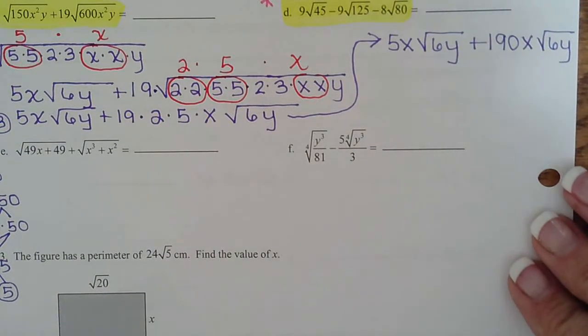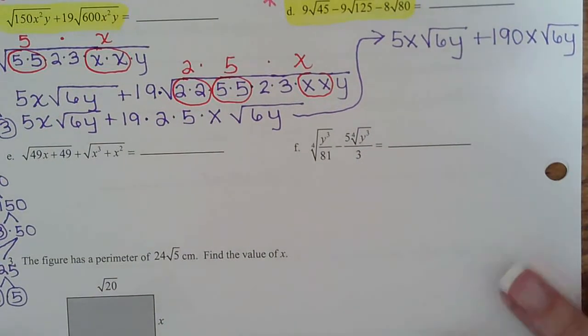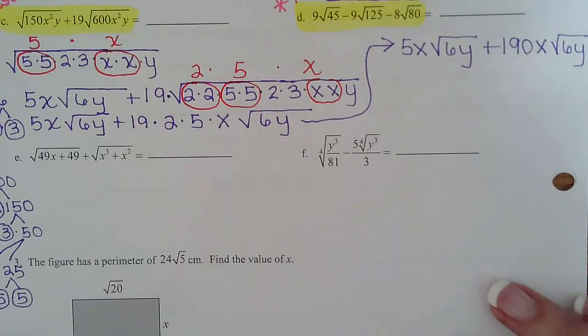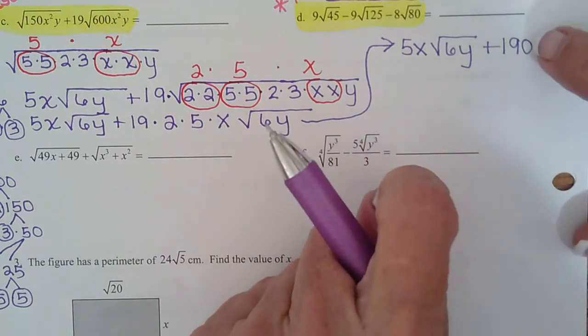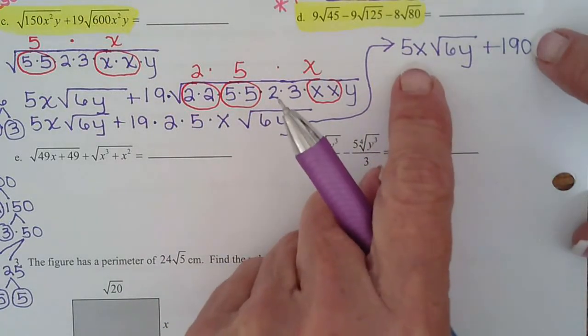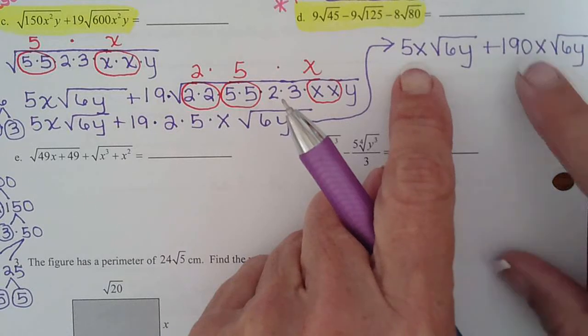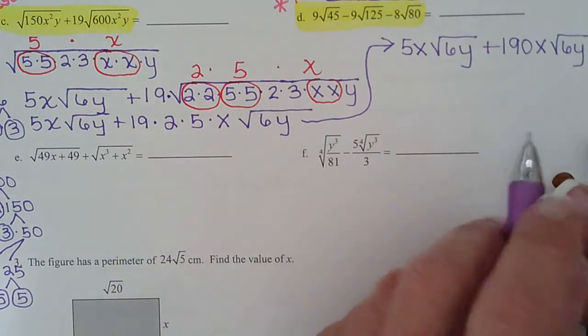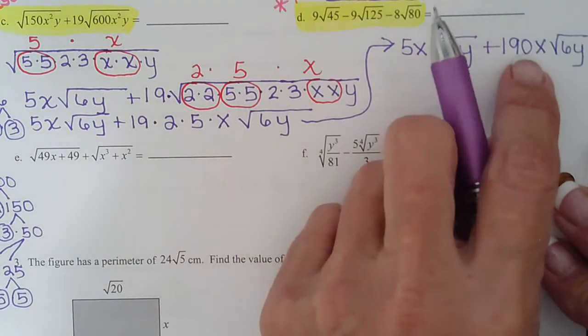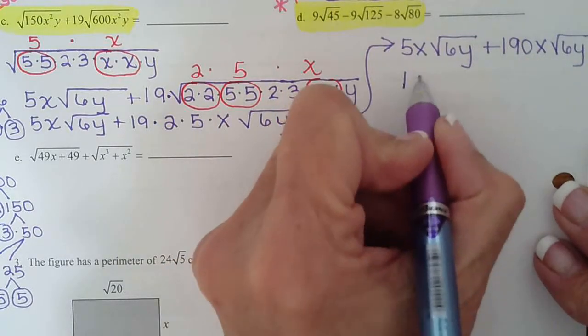So remember, we're supposed to be looking to make sure they're like terms. So are the numbers outside alike? Yes. Like for instance, if this x was not there, you wouldn't be able to combine these because those aren't alike. But those are alike and these are alike. So that means I can add them together. So 5x plus 190x is 195x.